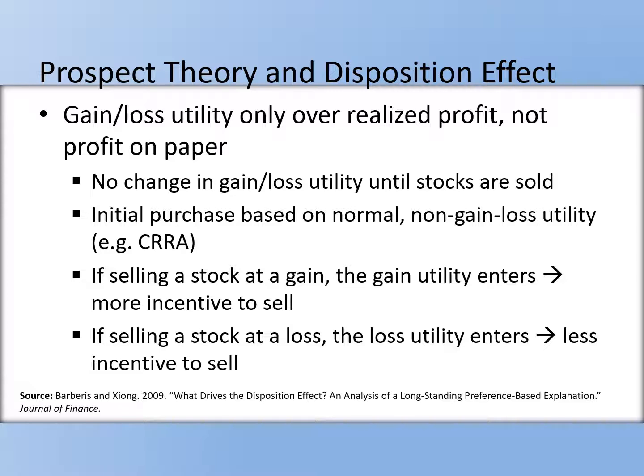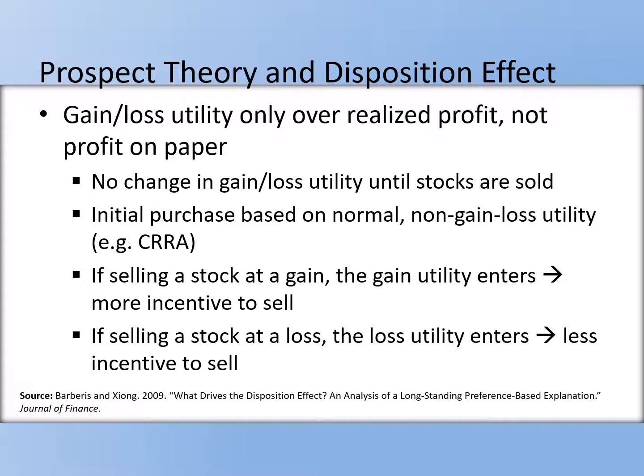So the utility now has two parts. There's a part that always exists, that is CRRA, like log utility. The gain and loss part only enters when you decide to sell, and it gives you an extra part that either makes your utility higher when you're at a gain, or makes it lower when you're at a loss.